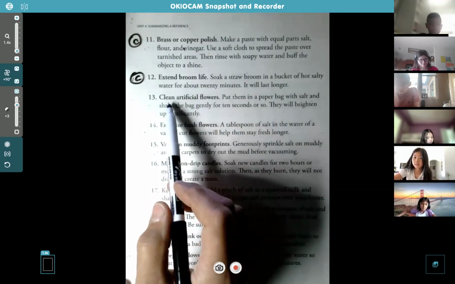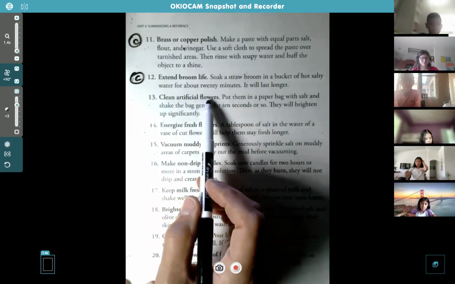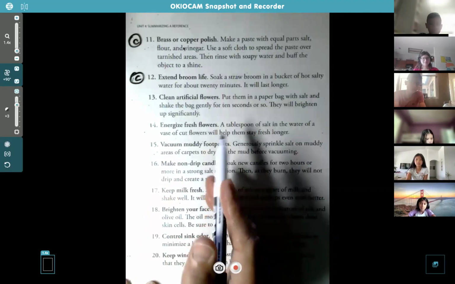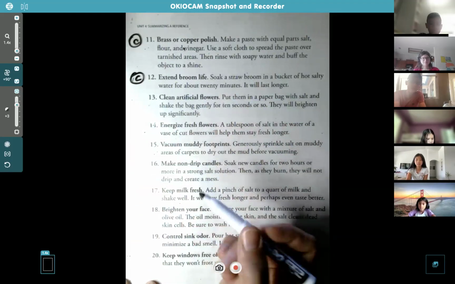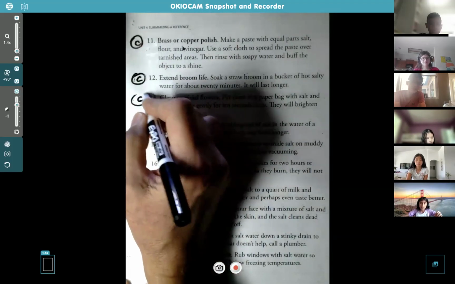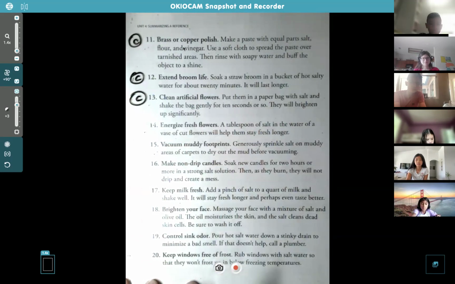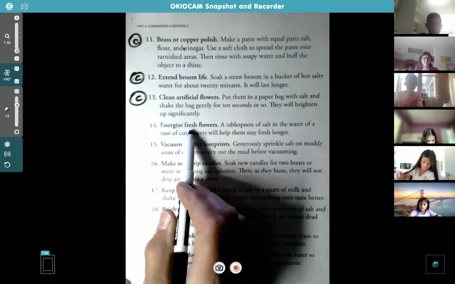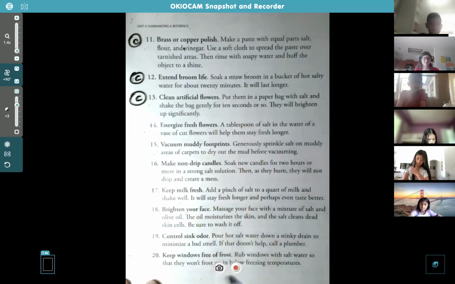This one says clean artificial flowers. The artificial flowers are like fake flowers, but this is telling how to clean them. So let's put C for cleaning on that one too. Energizing fresh flowers. Did you know you can make those last longer with salt?